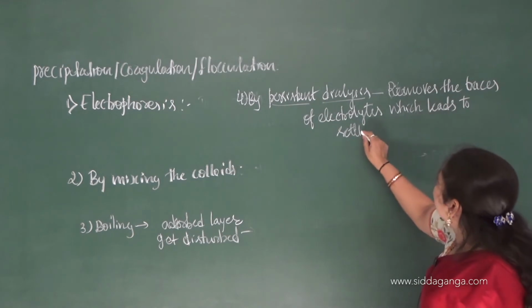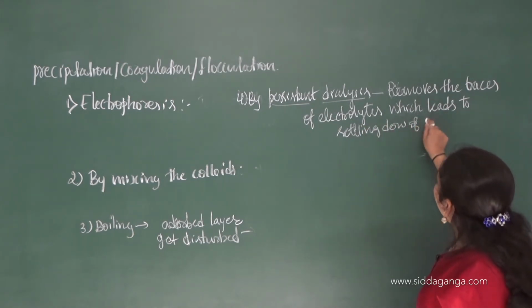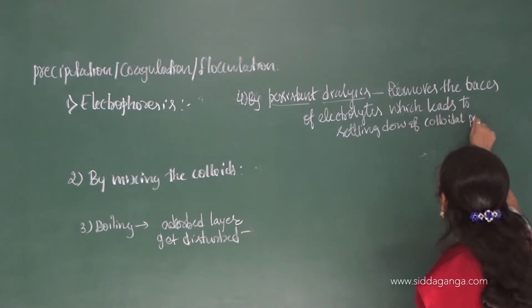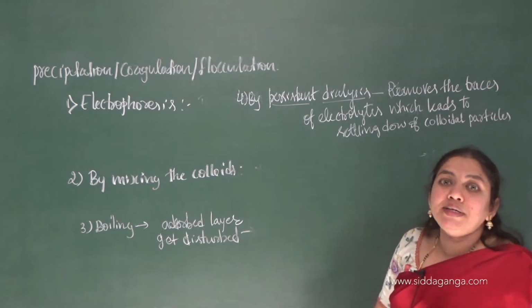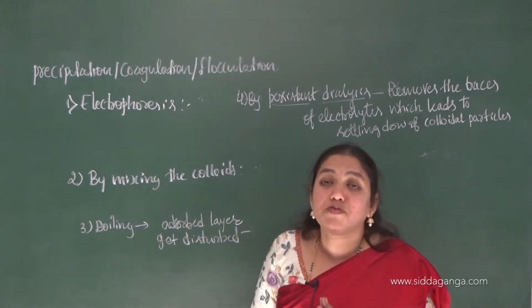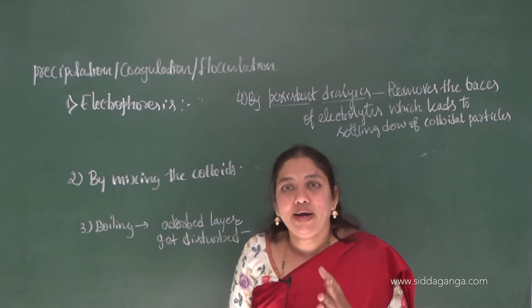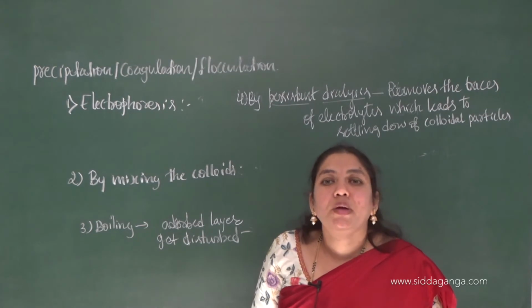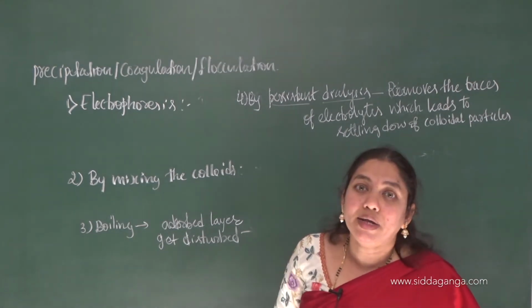So this is what happens when you do a continuous, prolonged, or persistent dialysis: almost all the electrolytes which are responsible for the charge of the colloid will get removed, and that leads to the settling down of the colloidal particles.